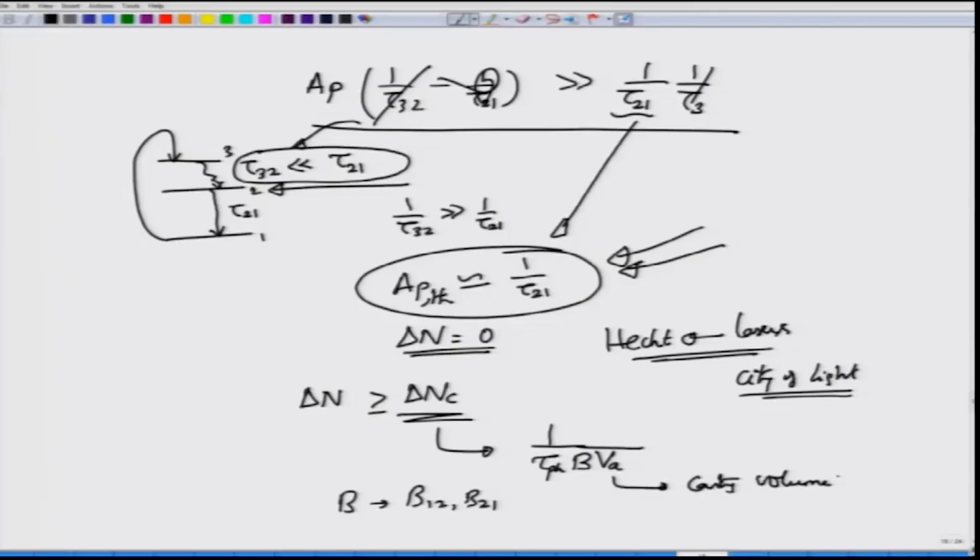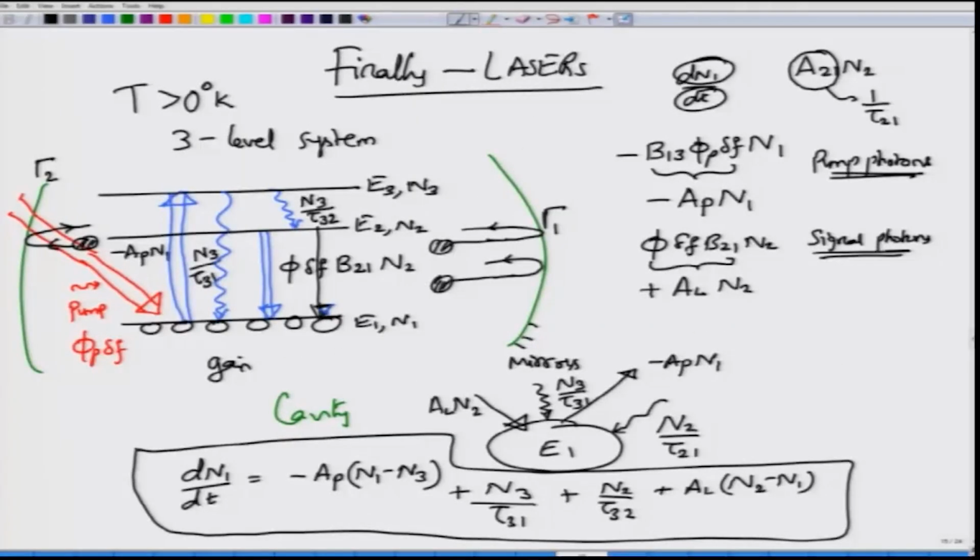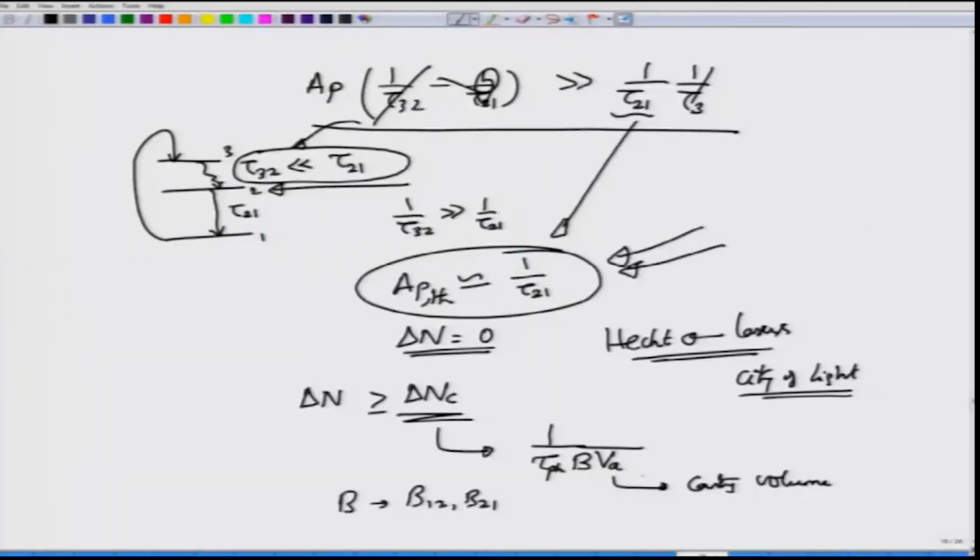So, you have this cavity which has a certain cross sectional area and a certain depth d prime, and this cross section is say some A. This product of A and d prime is what we have called the cavity volume, and B of course is this one, and tau p h is the lifetime, which is approximately equal to tau 21 in our case.